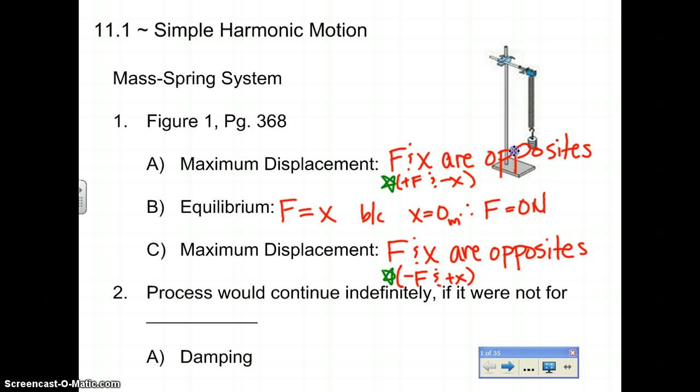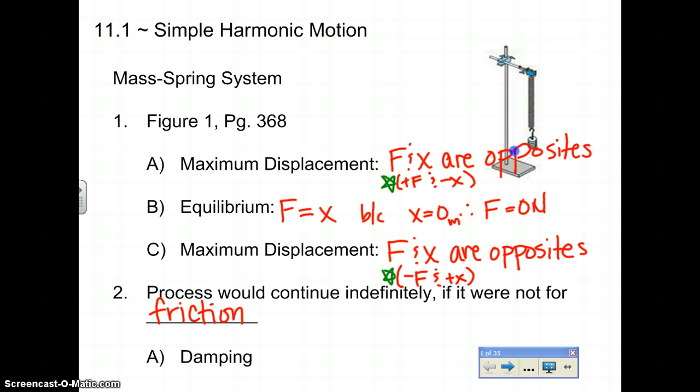Okay, so number 2, process would continue indefinitely. So think about like the Newton balls that used to be on my desk, the Newton's cradle. With that, it would continue back and forth, oscillating like a simple pendulum forever and a day if it wasn't for the presence of what, guys? Stop and think about this. What is present that makes this system stop? Well, that process that would continue indefinitely would be a true statement if it were not for the presence of friction.